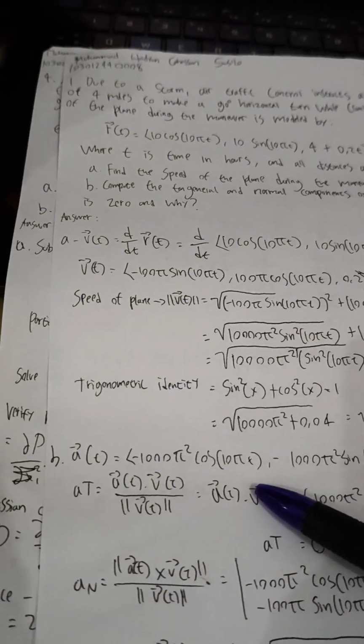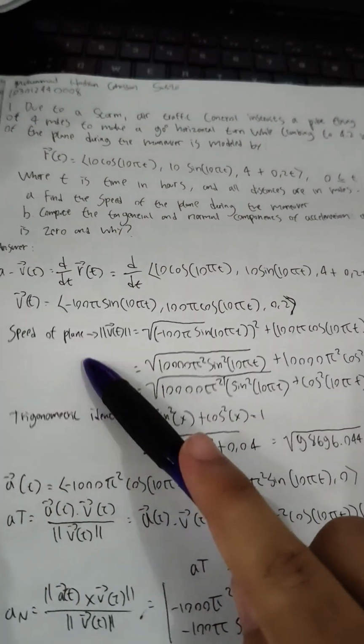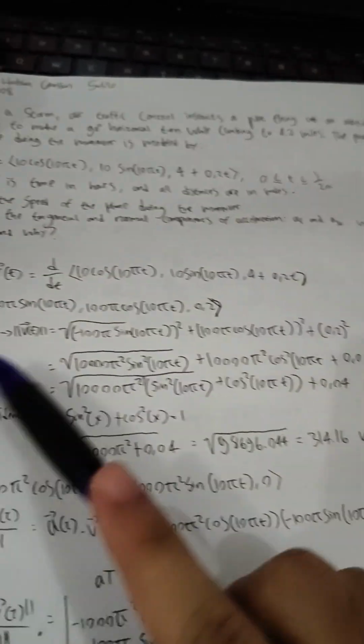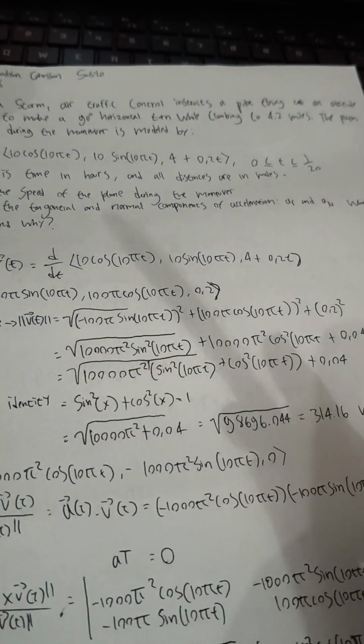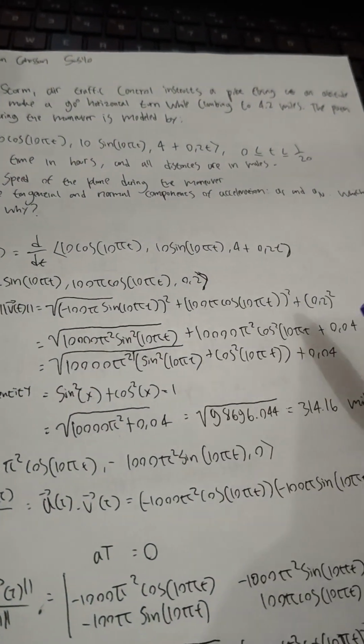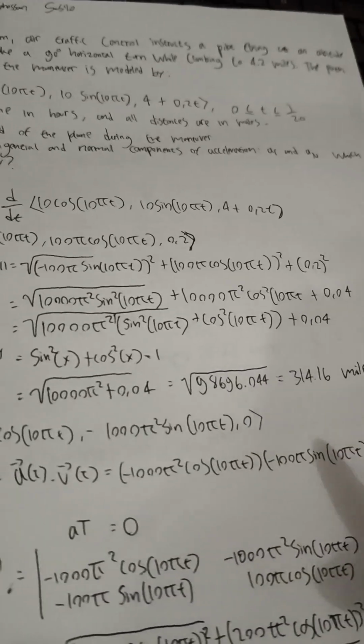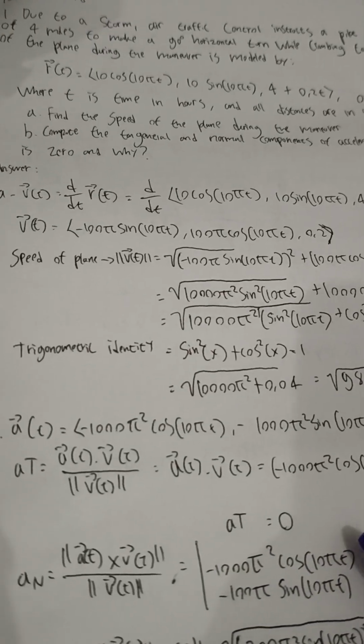Now to get the speed of the plane, you need the magnitude of v(t), which is the square root of the sum of the squares of the components.